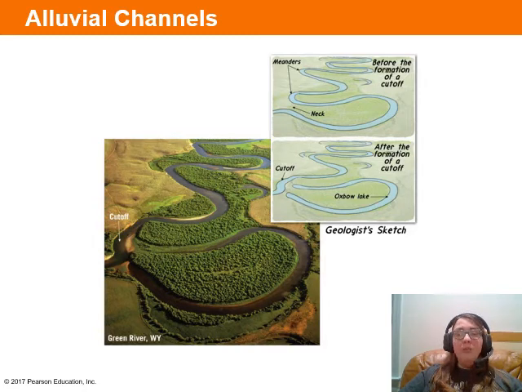If we allow more time to occur, if we come back in maybe 1,000 years, at that point, maybe this cutoff will be completely cut off, which means that water no longer flows through, but instead it's going to be sitting lake. And because it's shaped like a horseshoe, it's called an oxbow lake.